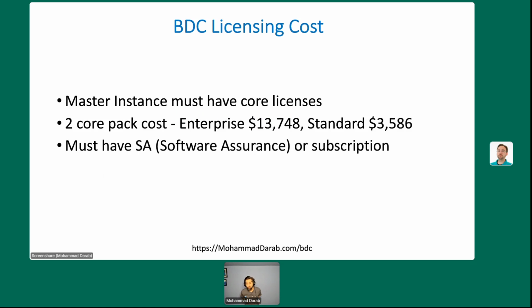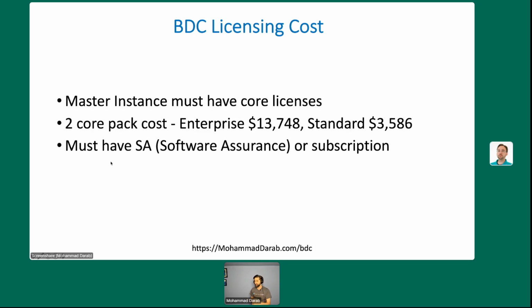BDC licensing cost. Now, if you have your master instance, obviously you have your master instance, that requires core licenses. And the price right there for the enterprise and the standard, that's the generic price you'll see in the documentation. Every company and every individual, whatever, they have different arrangements with Microsoft. This is just the generic one for a 2-core pack.